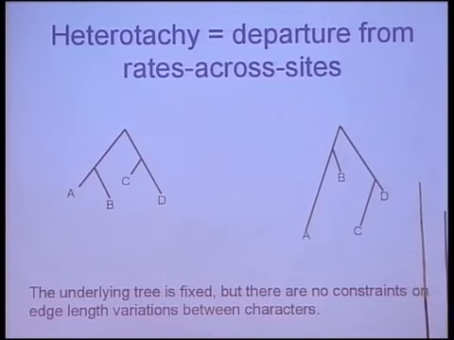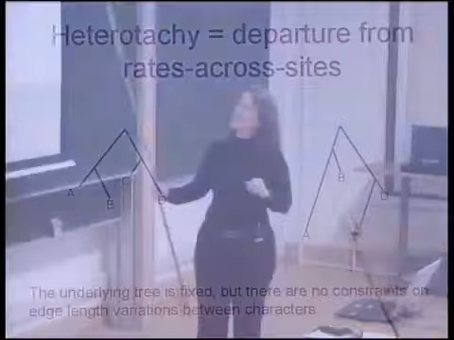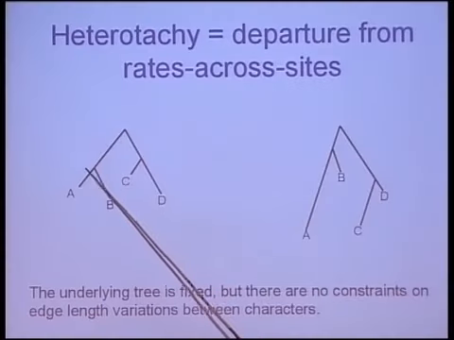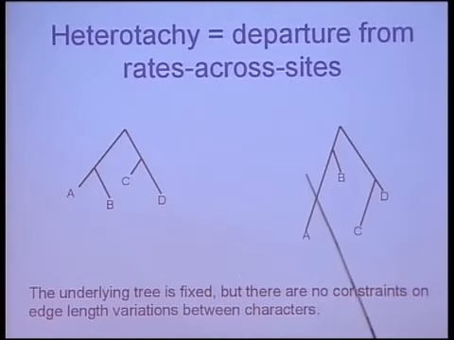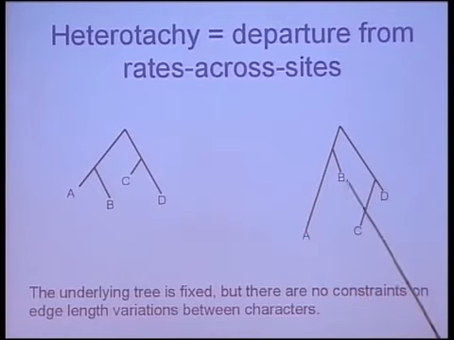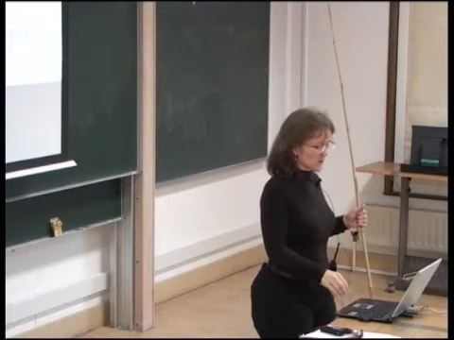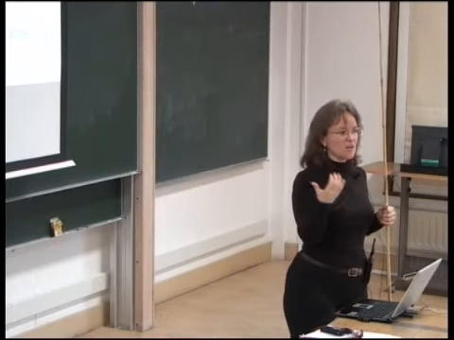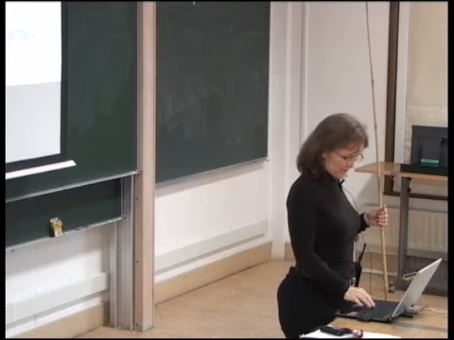With the rates across sites, the differences between the characters are just that some are slower and some are faster. Here, the relative rates on the edges change according to the character. So this edge is shorter than this edge, but here it's the reverse. This one is longer than that one, okay? So the relative rates can be different. So that's what we're calling heterotachy, but it's really the departure from the rates across sites assumption.